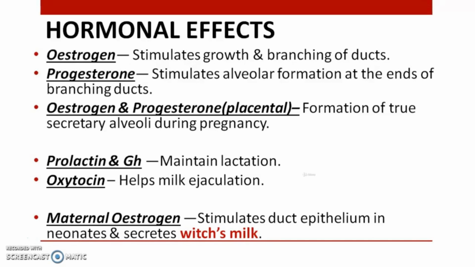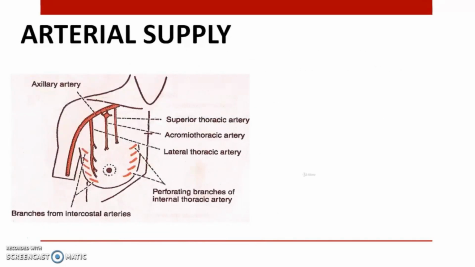Now talking about the anatomical features, the arterial supply of the mammary gland. The mammary gland gets its arterial supply mainly by means of 3 arteries. In this picture you can view a mammary gland with 3 important arterial supplies. Laterally it is supplied by a branch coming from the axillary artery.